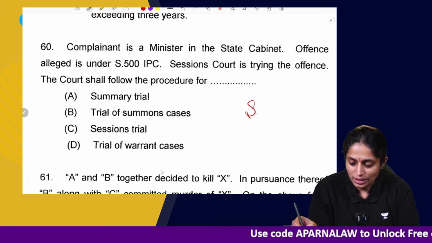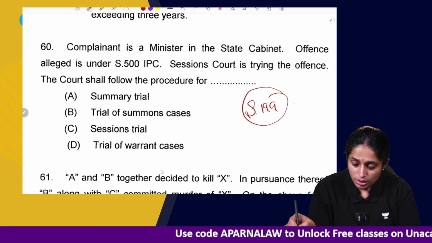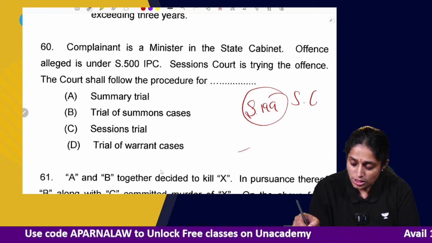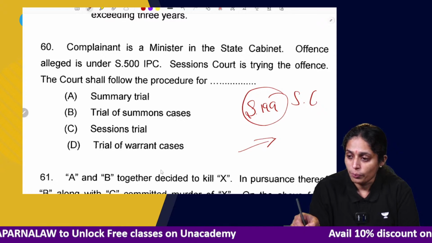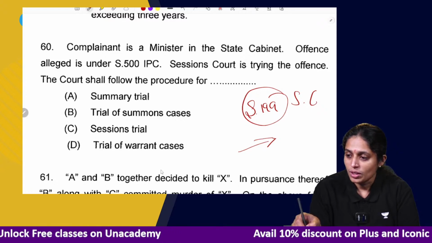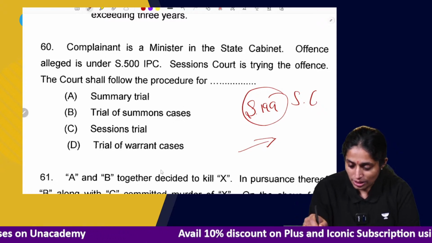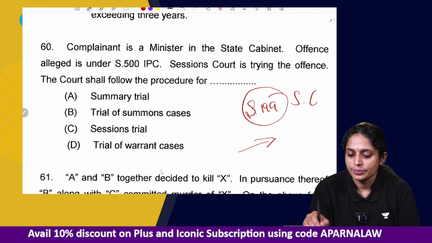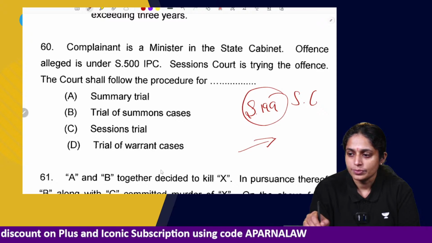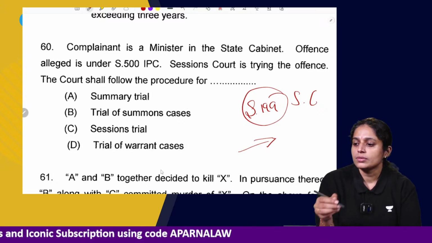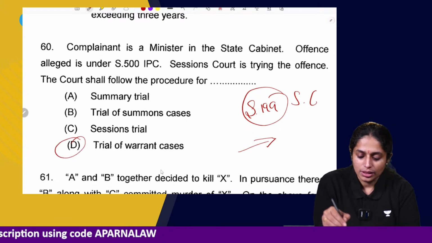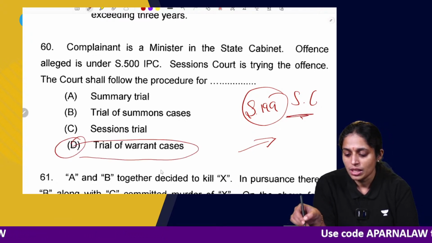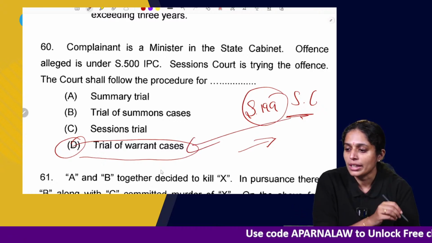Under section 199, the sessions court can take cognizance, but the procedure which it is going to follow is that of whether summary trial, summons case, sessions trial or trial of warrant case. It is D, trial of warrant case. The sessions court would take cognizance and it would follow the trial of the warrant case.